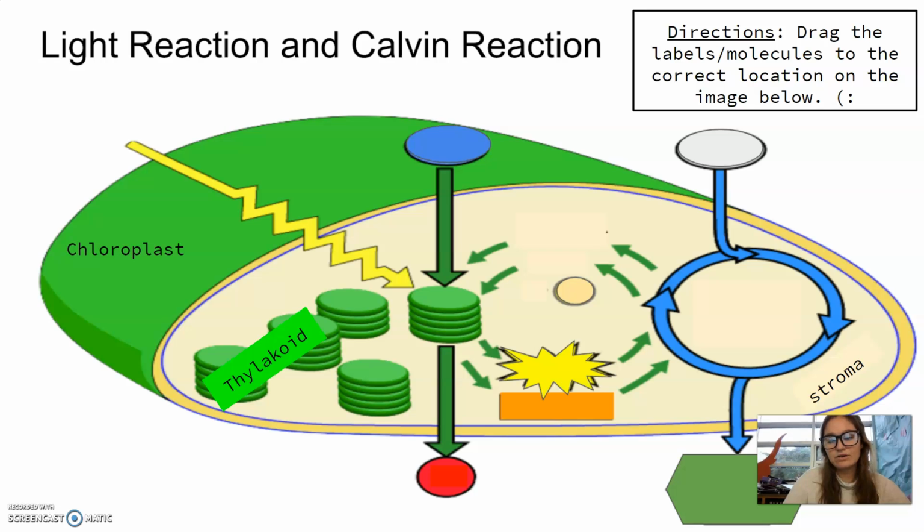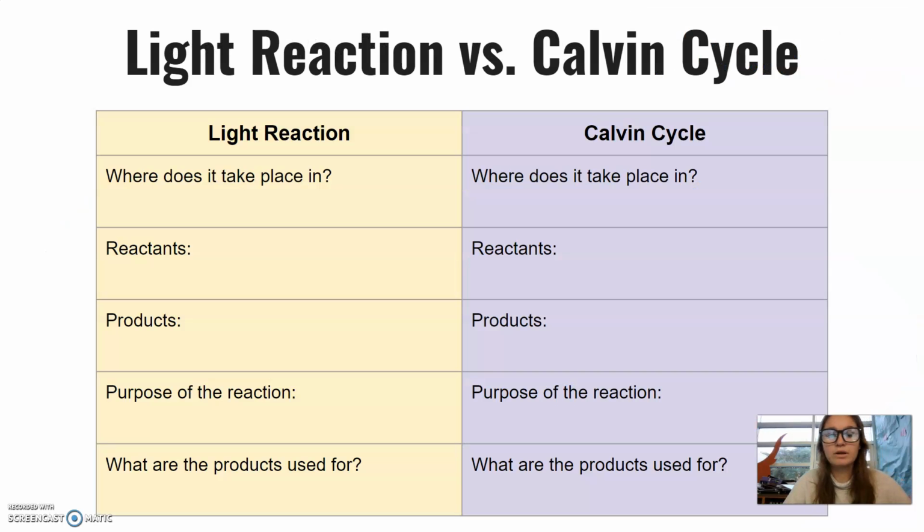Label where the Calvin cycle occurs, and then the reactant and product there as well. After that, please watch the review video, and then we're going to move on to the second section of that video, which will direct you towards the answers for this T-chart. Once we complete the T-chart, you'll be able to successfully complete the short writing activity that will be attached in the activities portion. All right, so I'm going to jump over and I'll see you then.